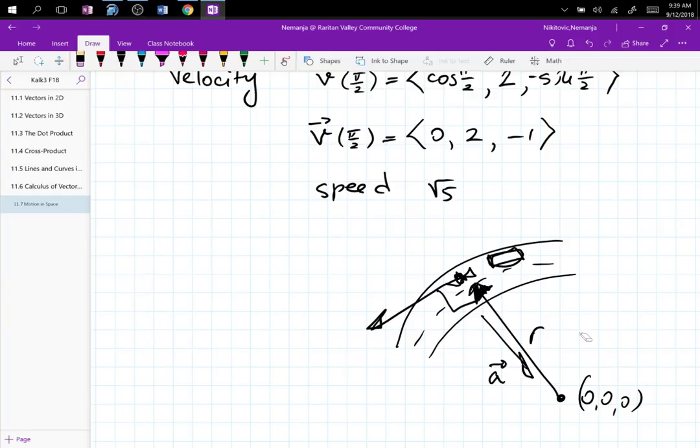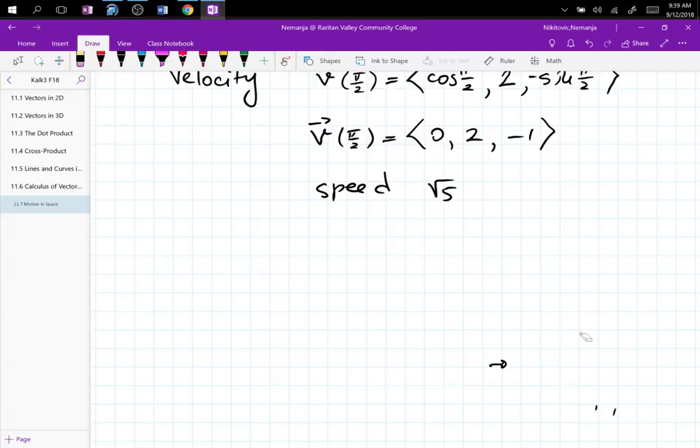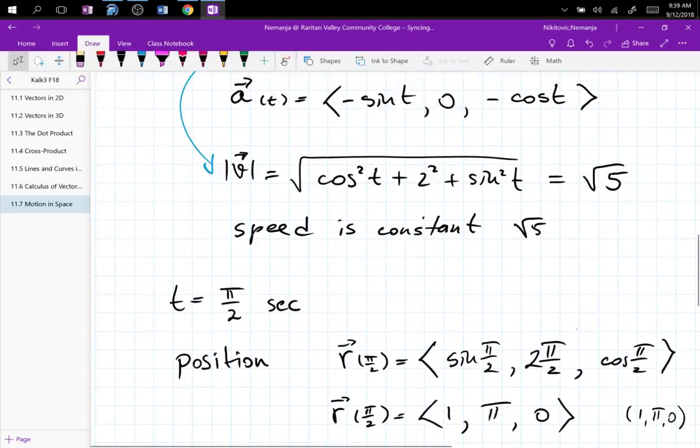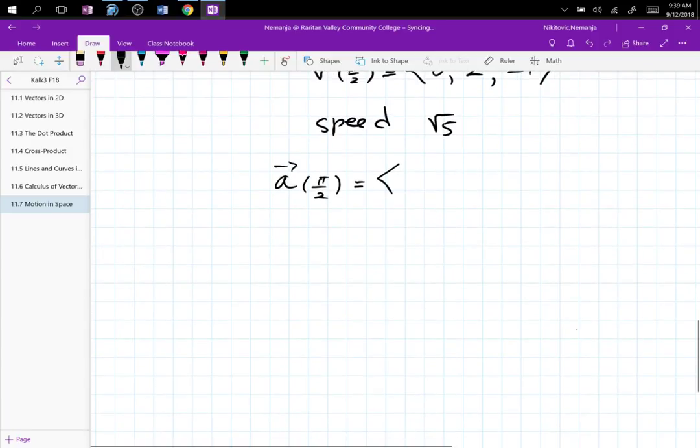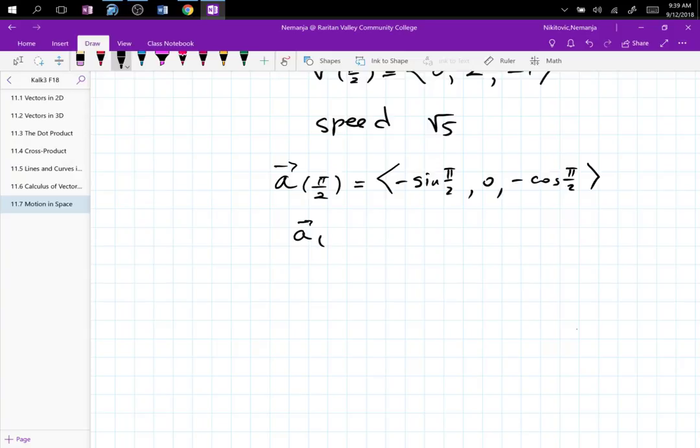So, now that we are hopefully understanding this to some degree, we take a look at our acceleration at pi over 2, and acceleration at pi over 2 will be, what do we have? Negative sine, negative cosine. So negative sine pi over 2, 0, negative cosine pi over 2, which gives us negative 1, 0, and another 0.